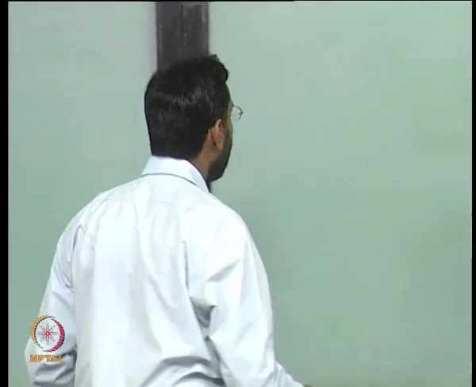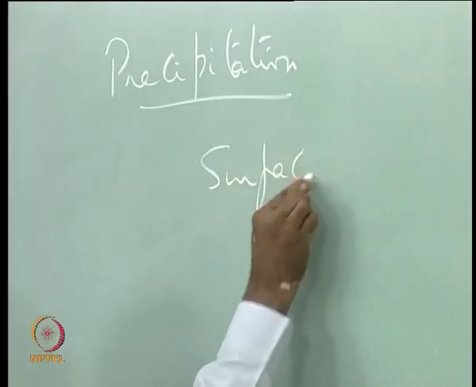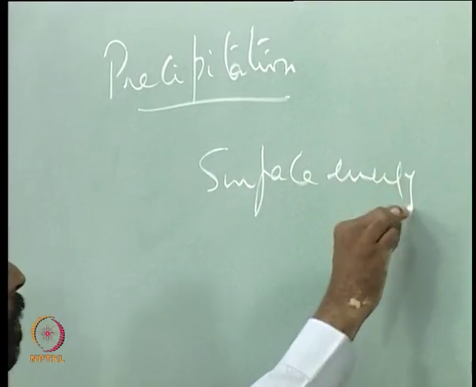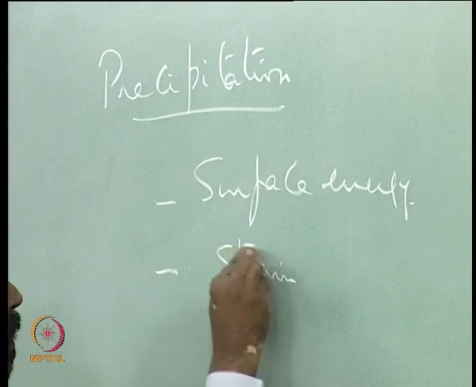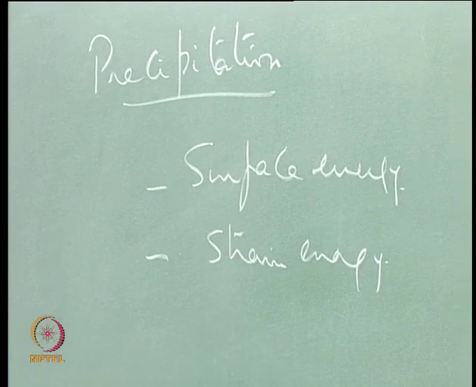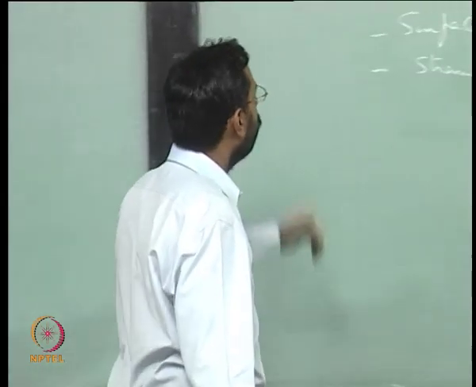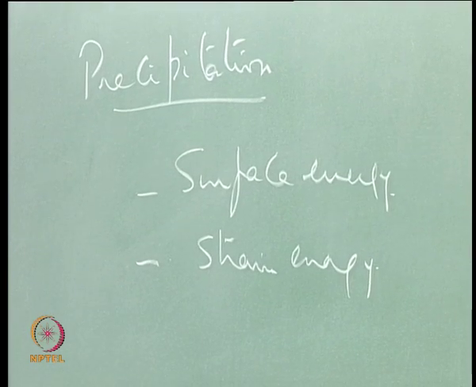We said there are two barriers: one is the surface energy and two is the strain energy. These are the two barriers when we are talking of solid state transformation. Any solid state transformation in principle will have both these barriers, and precipitation is just one of them.